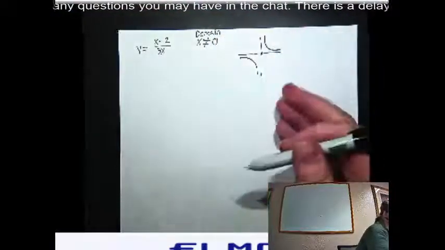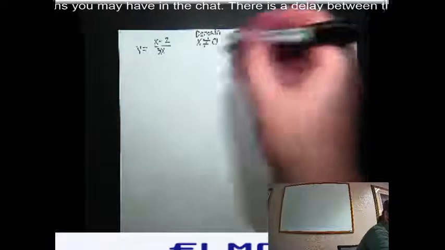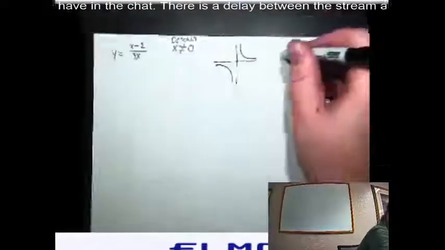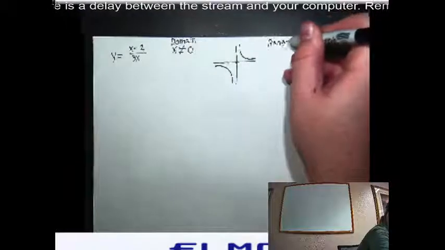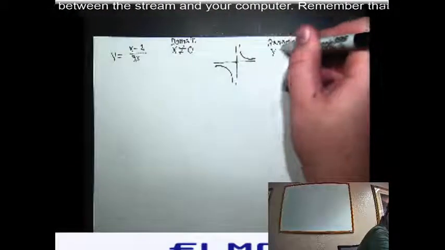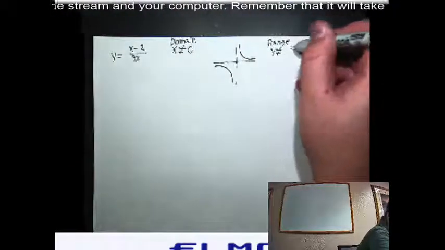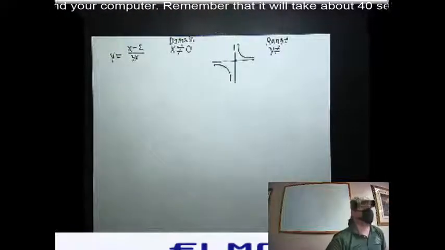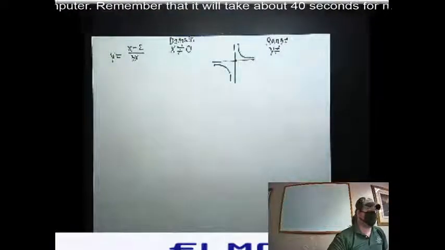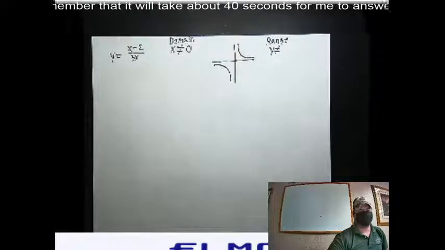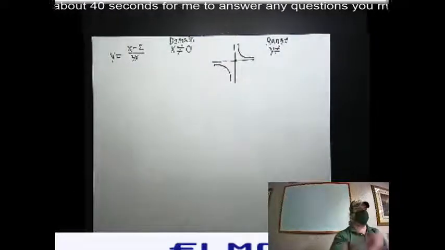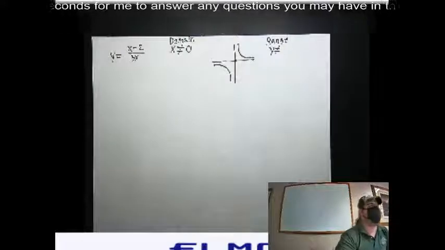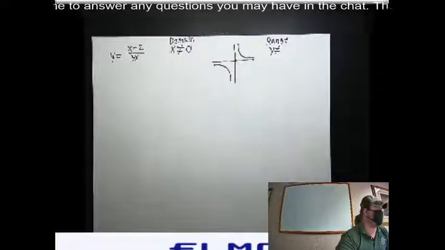The things that y can be is called a range. Now let's see how we get that. Again, in order for us to find our range, we need to find the inverse function.